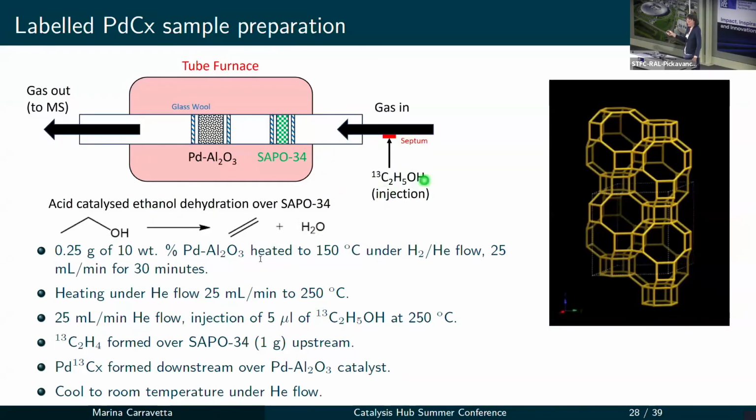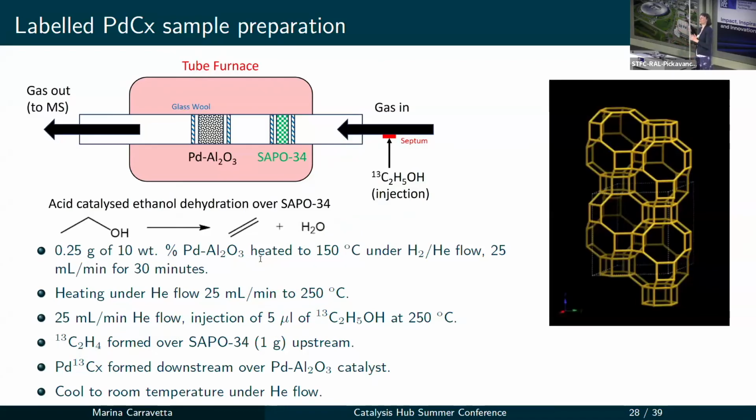And then to do this reaction, we used a very controlled amount of ethanol, because of course, as soon as you start putting isotopic labels, the costs are quite significant. So we only used 5 microliters of ethanol at 250 degrees. And that formed the ethylene that went to form the carbon-13 enriched palladium carbide.